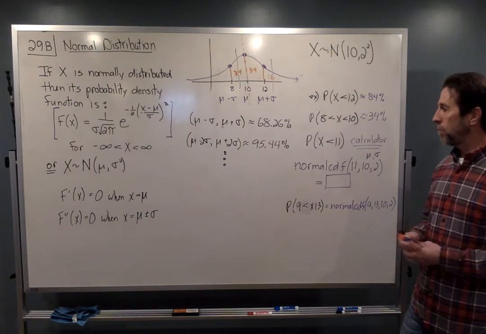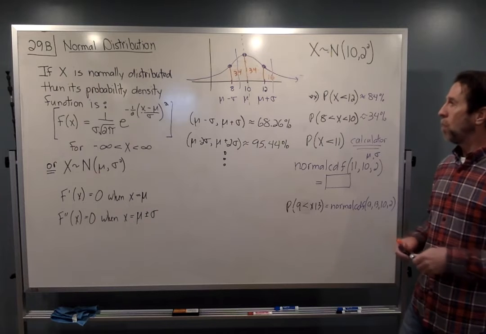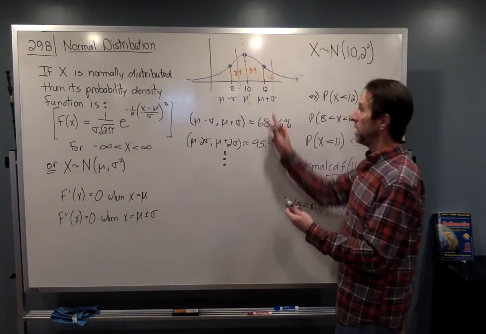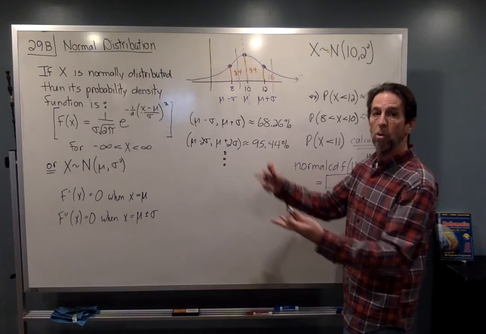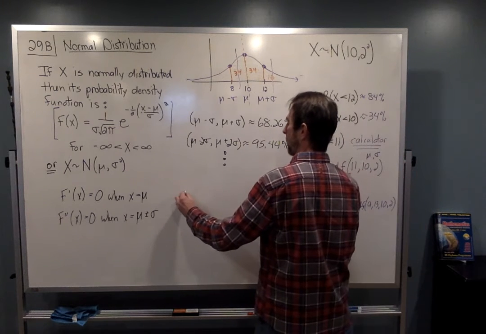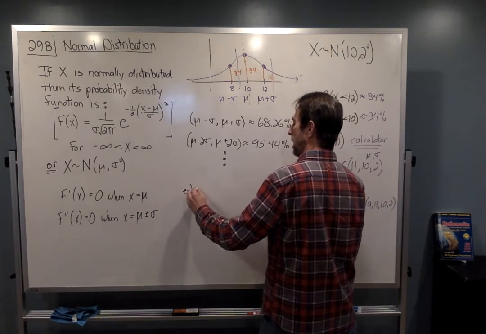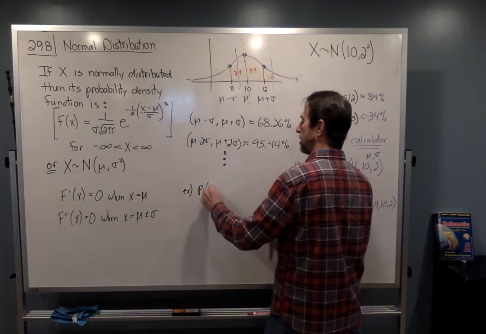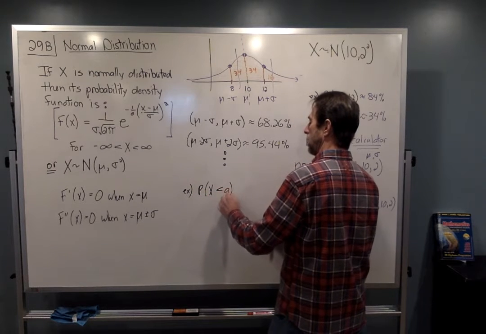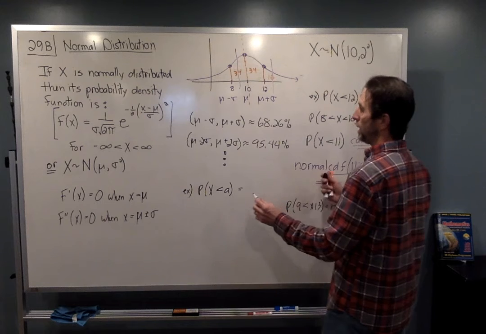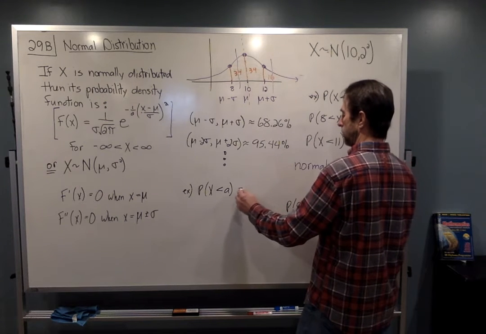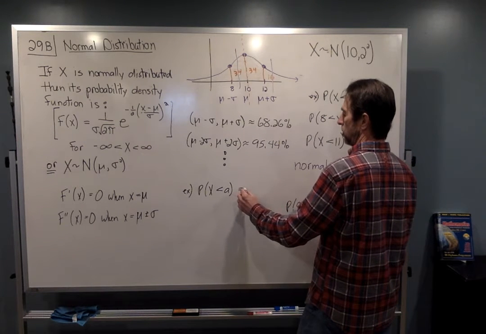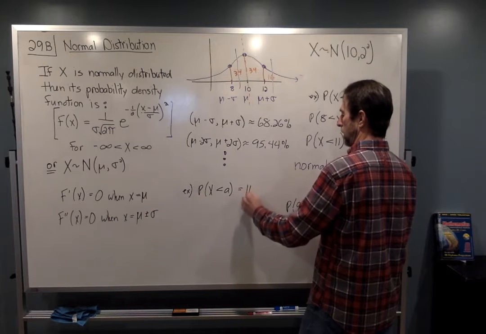Another type of problem that we're going to be facing would be one where I want to find the number cutoff when you know the probability. For example, what's the value A such that the probability that x is less than A happens to be, let's just say, 16%?